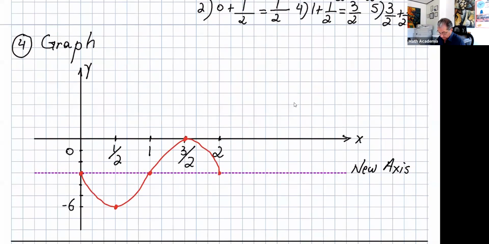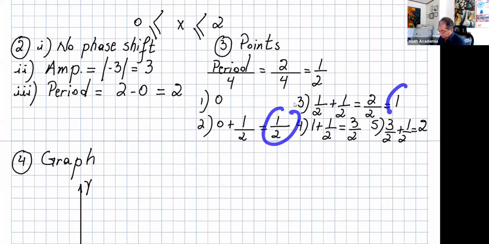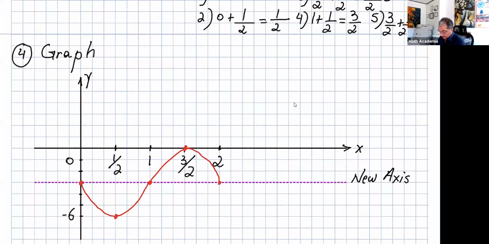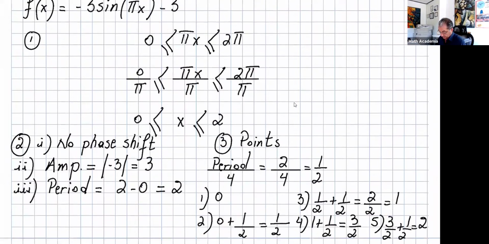Step number 4 is the graph. Put the points first. So we have 0, 1/2, 1, 3/2, and 2. Place them here on the x-axis or below the x-axis, not here. Then draw the new axis. The new axis is negative 3. It's always that number. That's basically the vertical shift.